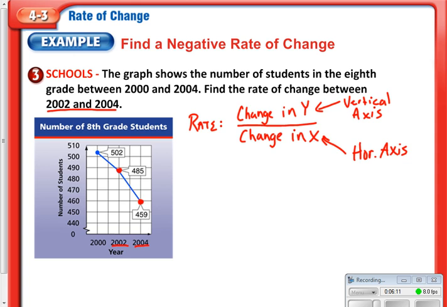Okay, so if we look at this here, this is our horizontal axis, that is x. This is our vertical axis here, this is y. So the two values that we are using: our change in y is basically talking about the number of students.